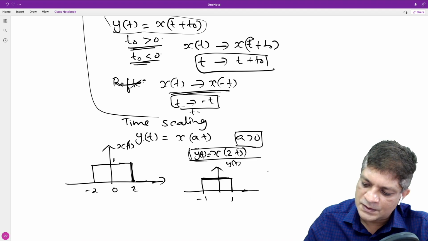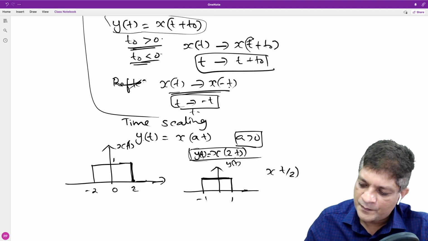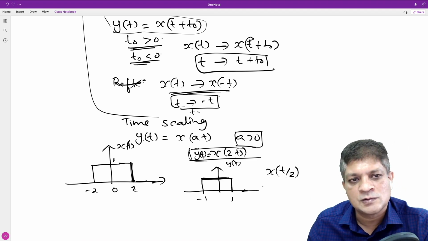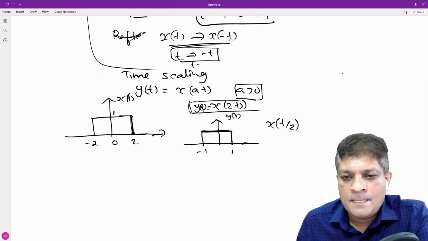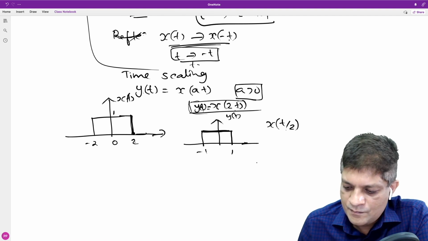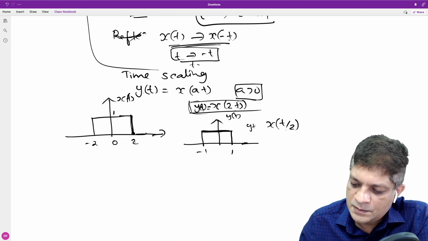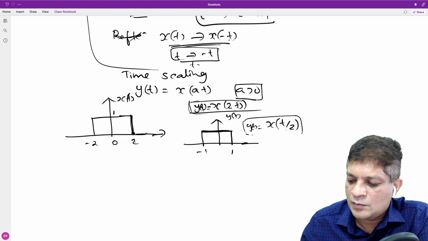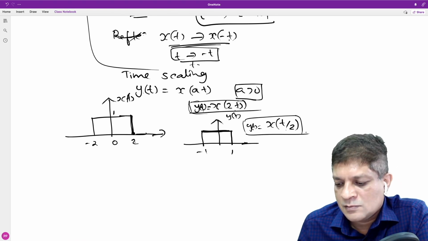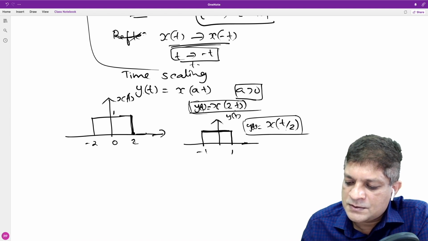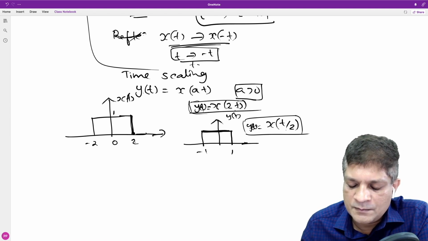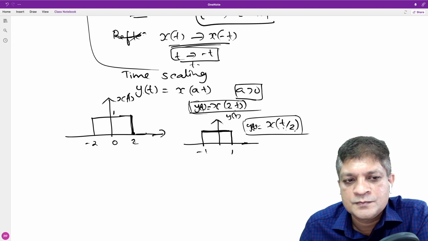Now what about x(t/2)? If we consider x(t/2), it is time expansion. So y(t) is equal to x(t/2). You can verify that whatever is happening to the signal y at some instant t will happen to the signal x at t/2.